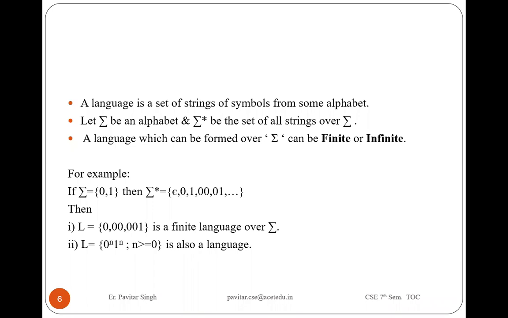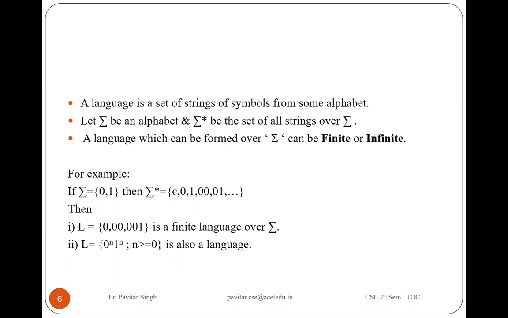Then what is your L? L is equal to 0 comma 00 comma 001. It is a language which has only 3 strings, that is 0, 00, 001. All these strings will constitute one language. This is your string 1, string 2, and string 3, W1, W2, W3.